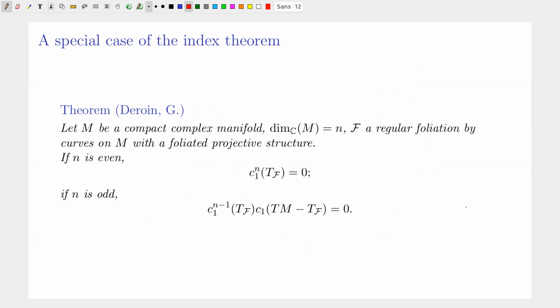In order to simplify, I'm omitting the singularities, but the general case has the singularities. And suppose you have a regular foliation by curves, and then you have a leafwise projective structure. Okay, so we have these line bundles TF. We're talking about them, and so these line bundles have some Chern classes, which live in H2 of our manifold.